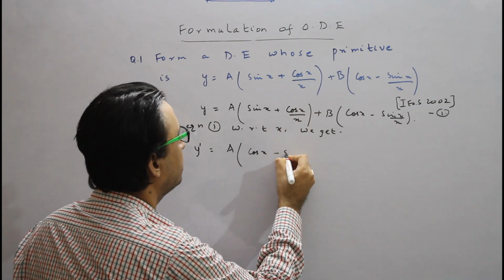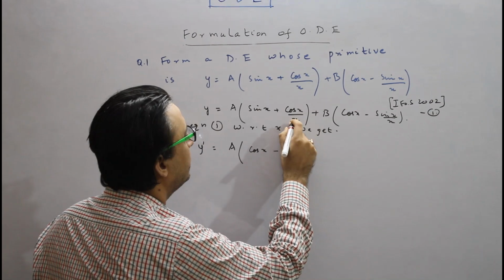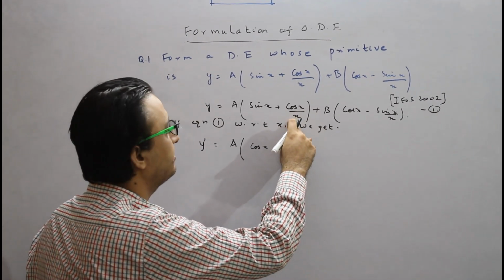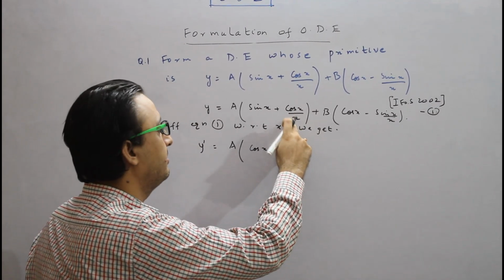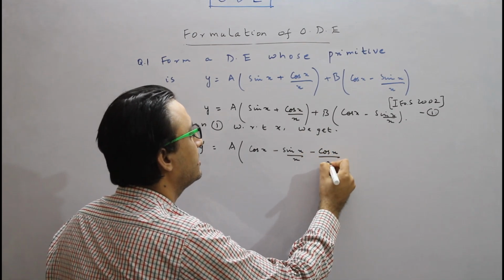So this becomes sin x by x plus, then the differentiation of 1 by x is minus 1 by x square. So we can write it as cos x into x square.